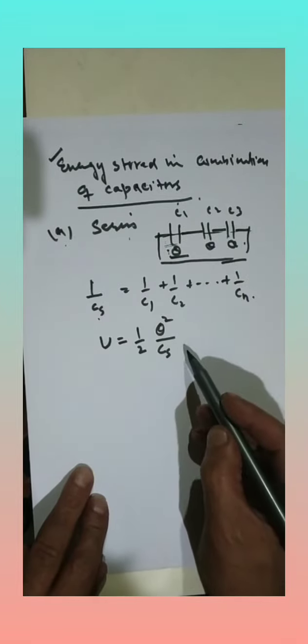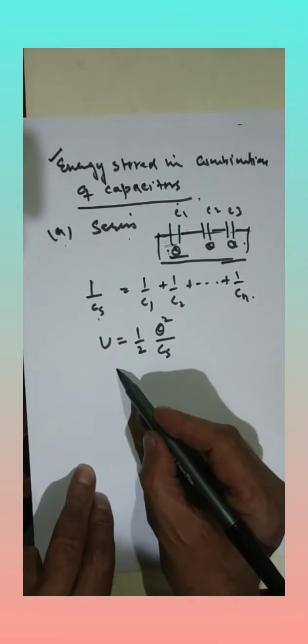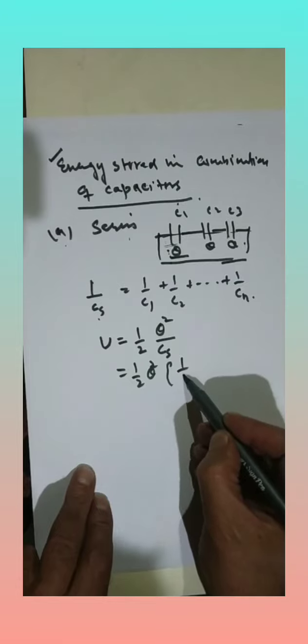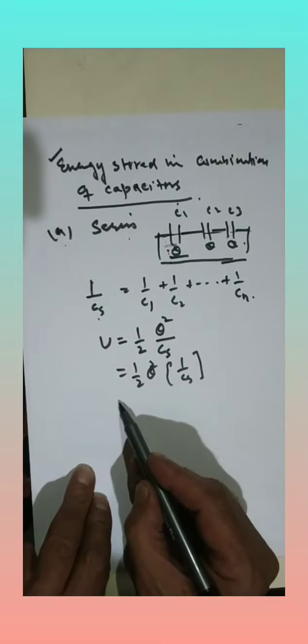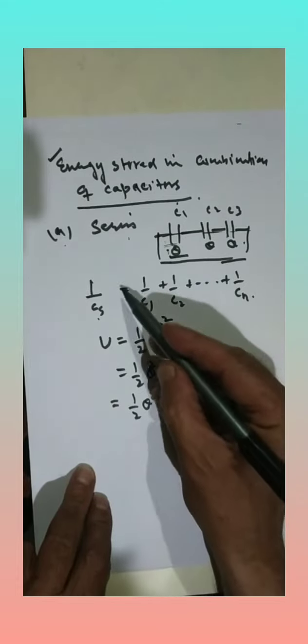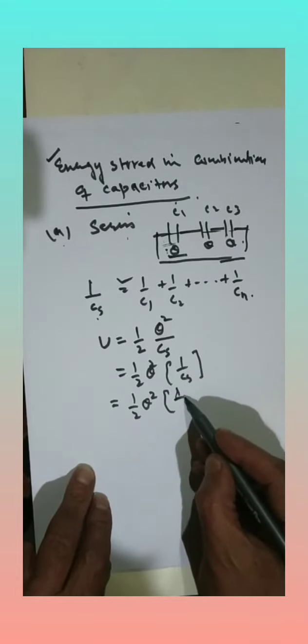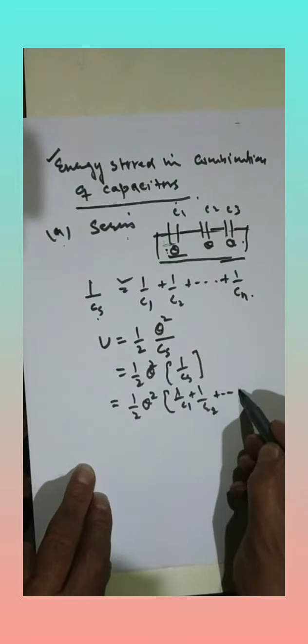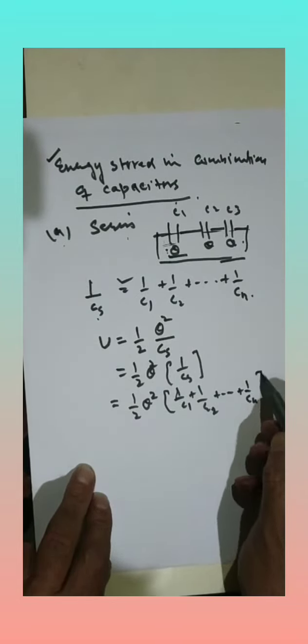Now we can write it as 1 by 2 Q square 1 by Cs. This is equal to 1 by 2 Q square, 1 by Cs के बदले में लिखेंगे 1 by C1 plus 1 by C2 plus dash dash dash plus 1 by Cn.